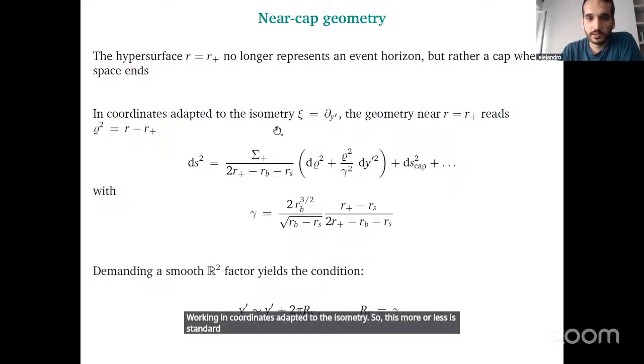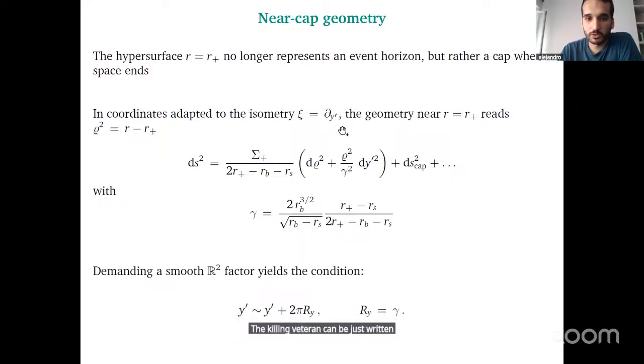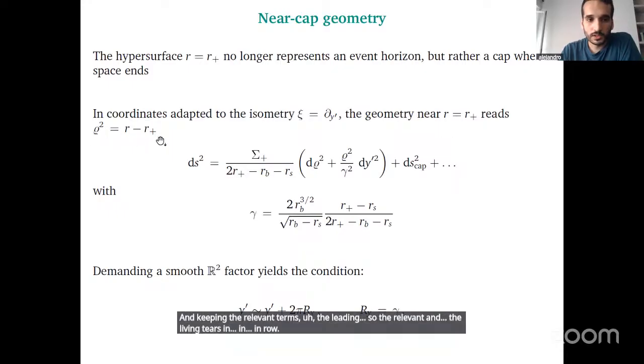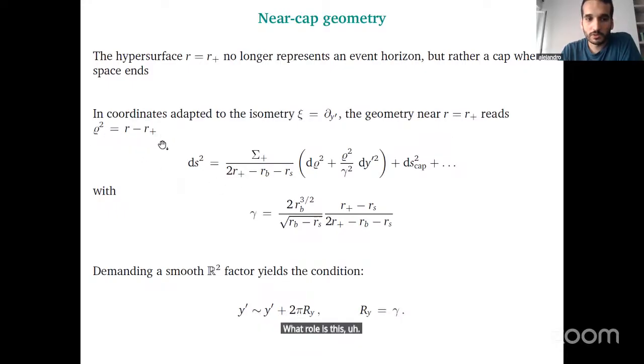The key thing is that now the Killing vector can be just written as partial of some coordinate y prime, and then we expand the geometry near r equals r_plus, and keeping the relevant and leading terms in rho, where rho is this combination of r minus r_plus, you get this geometry here, where gamma is this expression here.